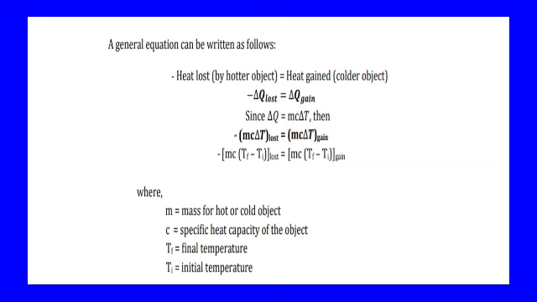Since ΔQ is equal to mcΔT, then mcΔT lost is equal to mcΔT gain, where m is the mass of the hot or cold object, c is the specific heat capacity of the object, T_f is the final temperature, and T_i is the initial temperature.